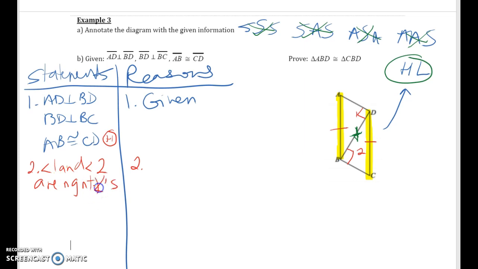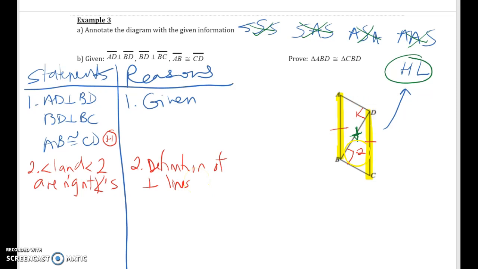They didn't give us that these are right angles, but I know that these are right angles based on the definition of perpendicular lines. I can also say that perpendicular lines intersect to form right angles.